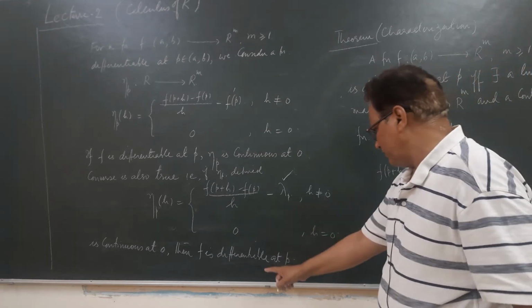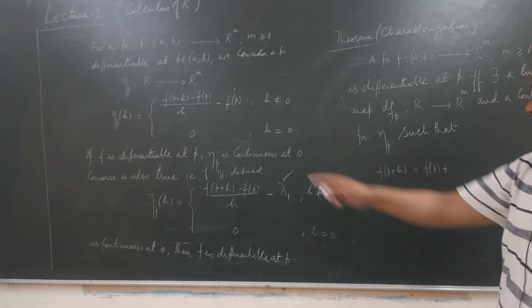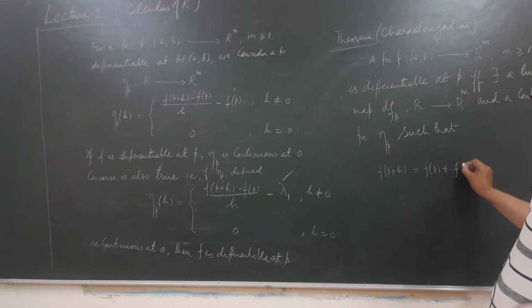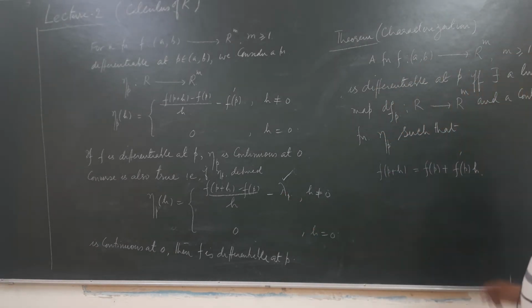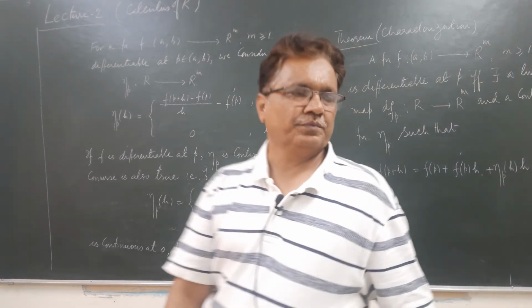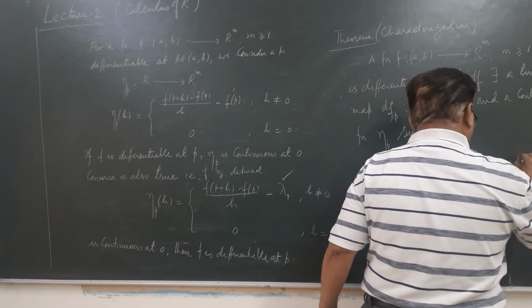This lambda p you have seen is f'(p), so plus f'(p) into h, h will multiply over here, plus eta p of h multiplied by h. I will put it rather as mod h.